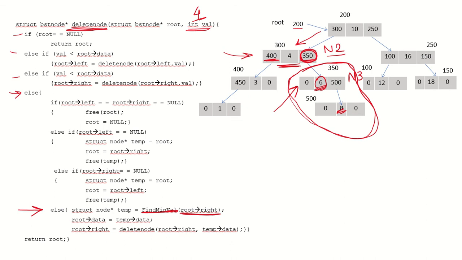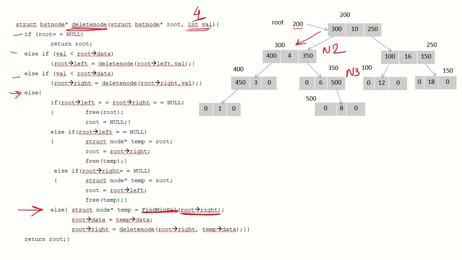Let's see. The first thing we do, after we have found the node with the minimum value, is replace the root data. Root is currently this 300. So we replace this root data by the data of the node which is pointing to the minimum value. So temp is pointing to node N3.